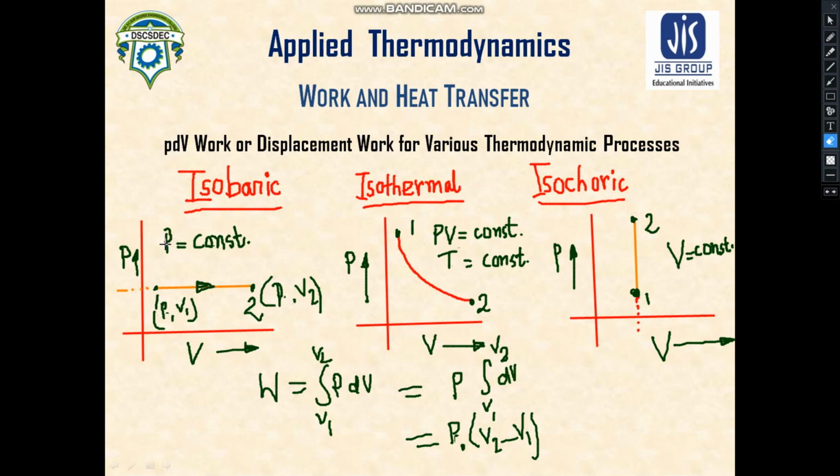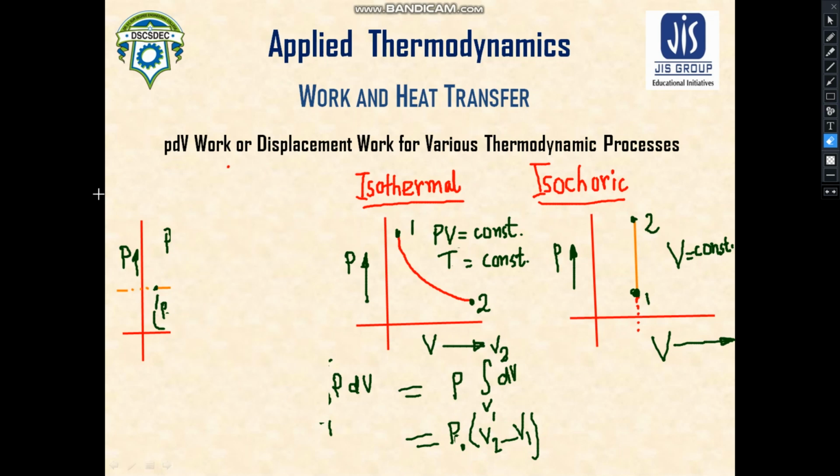It is quite evident that the pressure remains constant; volume is the only parameter which goes on changing. The integration of dV yields the value of V2 minus V1. So the net work done becomes P (V2 minus V1). So let us just clear this isobaric thing.